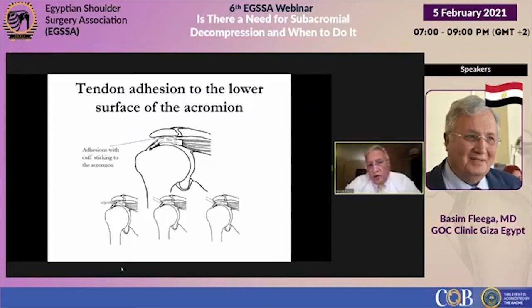We saw that even in cases who didn't have a subacromial decompression. This observation led us to do an arthroscopy and release the supraspinatus tendon from the acromion.